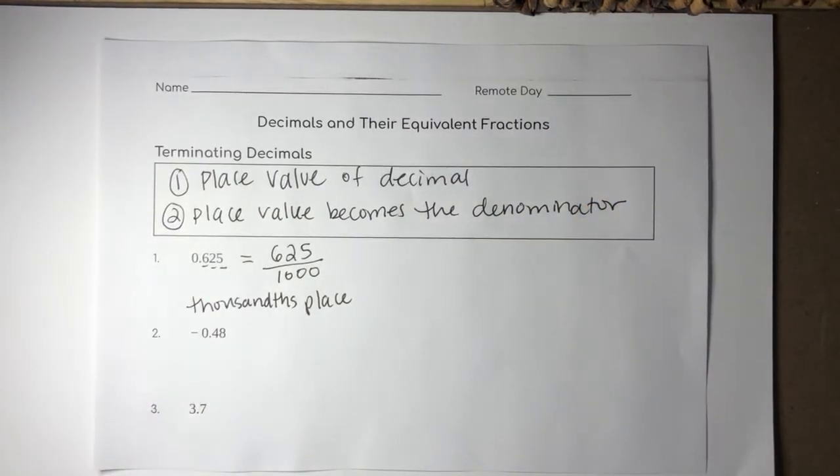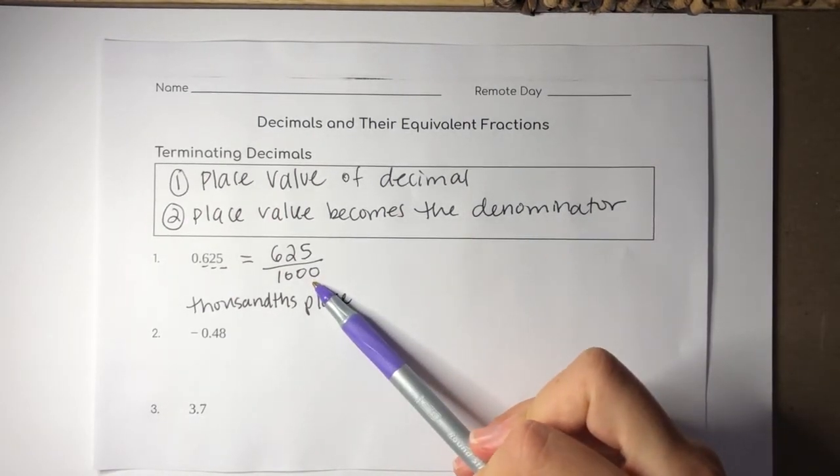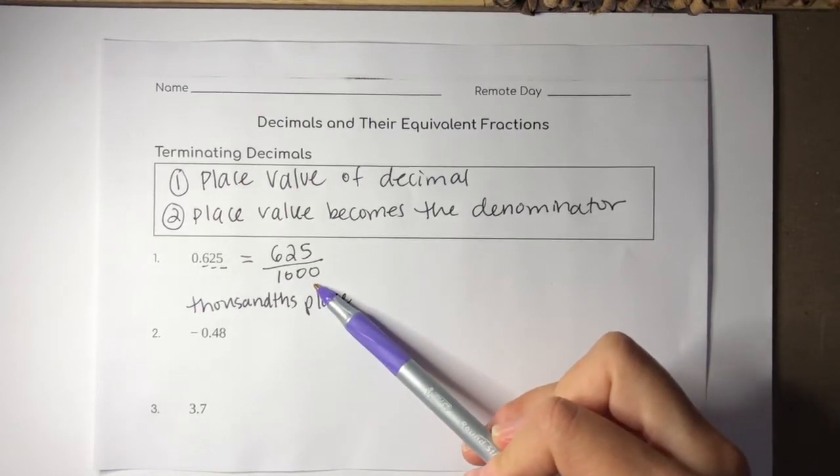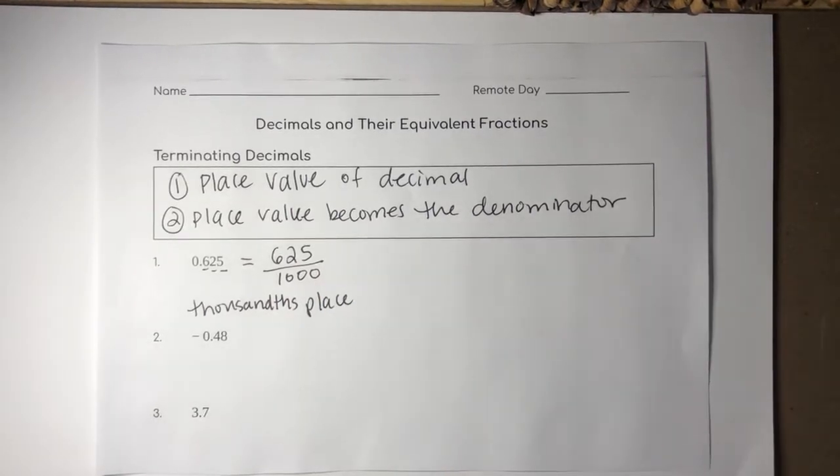So 0.625 is equivalent to 625 thousandths. But when I look at this fraction, I think, okay, that's a fine fraction, except it's not in lowest terms. It is not a simplified fraction. There's probably a much smaller or a much nicer looking version of this fraction.